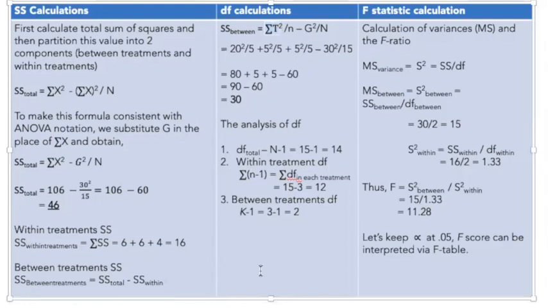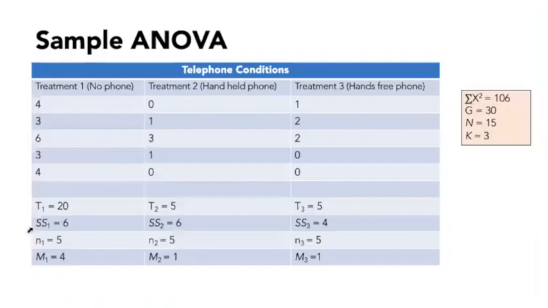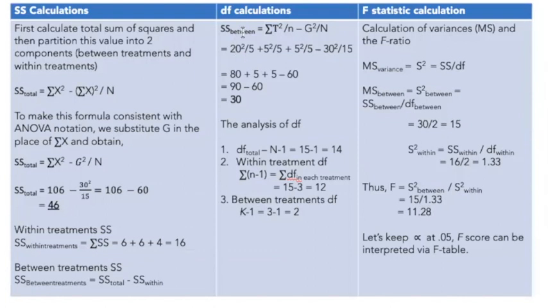So we know the treatment calculation, here's what happens. For the first one, we have T value that is 20. So 20 squared divided by 5, that is the n.